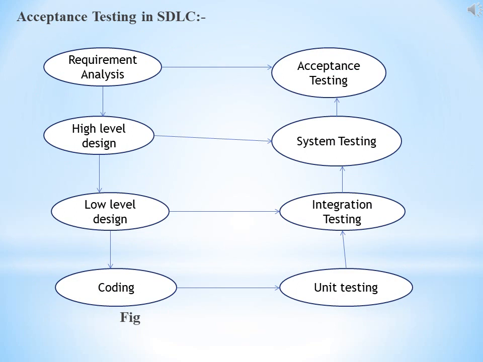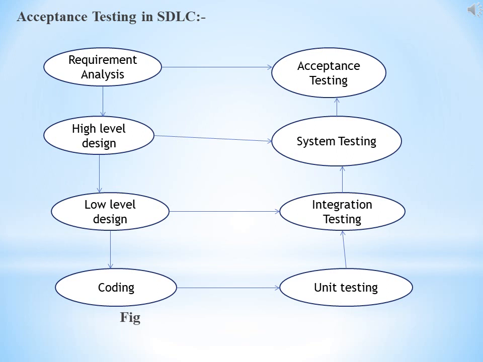Now, acceptance testing in SDLC. SDLC means software development life cycle, and its phases are requirement analysis, then high level design, low level design, and coding. Acceptance testing in SDLC is part of the V model.